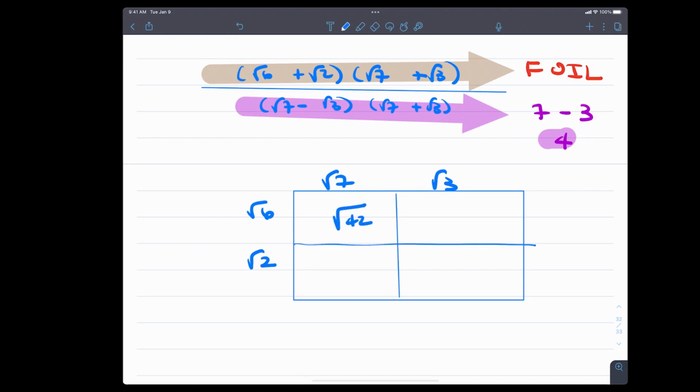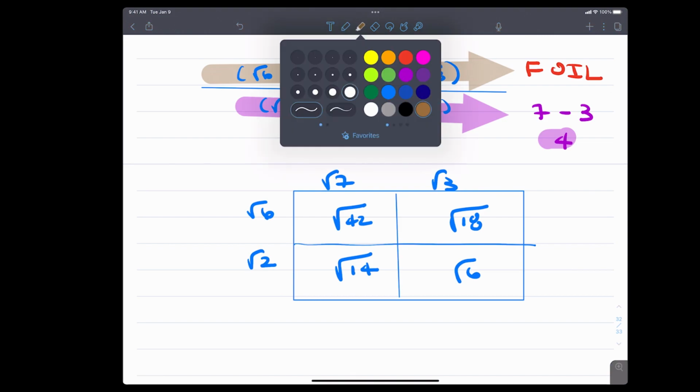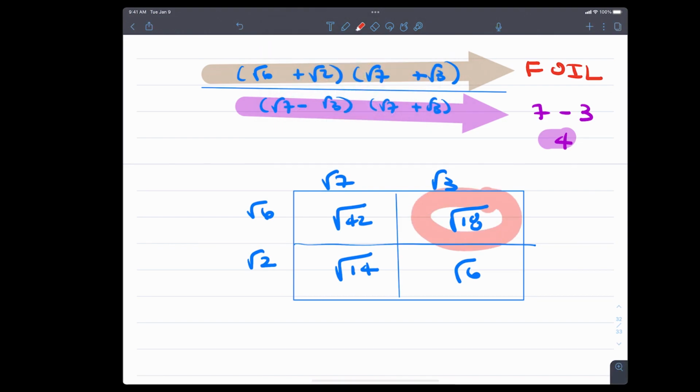Square root of 42. Square root of 6 times square root of 3. Square root of 18. Square root of 2 times square root of 7. Square root of 14. Square root of 2 times square root of 3. Square root of 6. And what do you guys notice about this radical here? That's the only one that you have to simplify, because this is what you get by FOIL. This is first, outer, inner, and last.